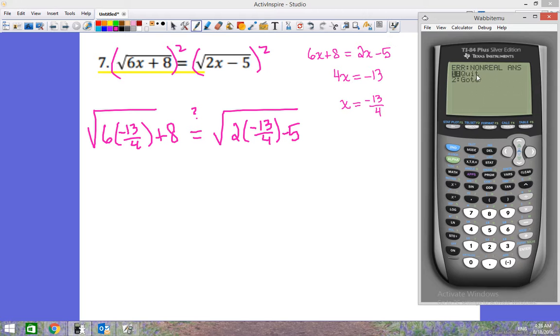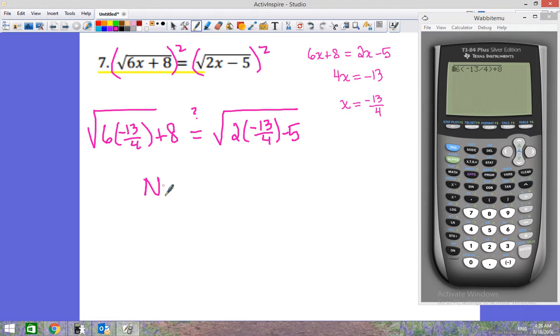I may be able to change the mode on some of these calculators to some type of complex. Yeah, the a plus b, see where it says real right there? I might be able to come down on these calculators and change it to work in complex numbers, but we don't need to do that.